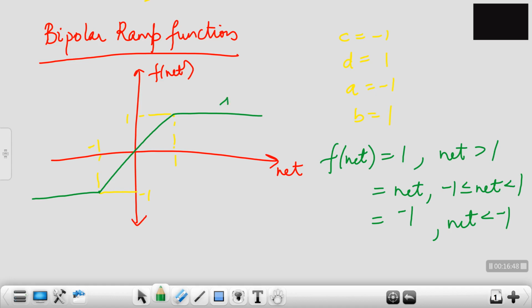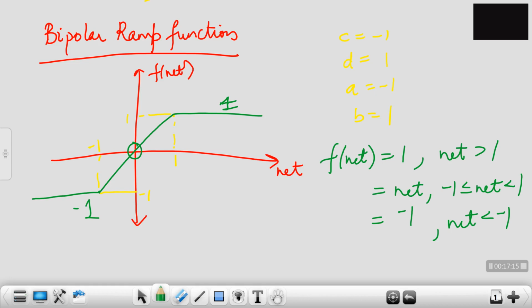So here, as you can see, the output saturates to a value capital 1, and for the negative inputs to -1, but in between it is linear. So the output saturates for positive values as well as negative values, and it is continuous at 0, which was not happening in the previous case.